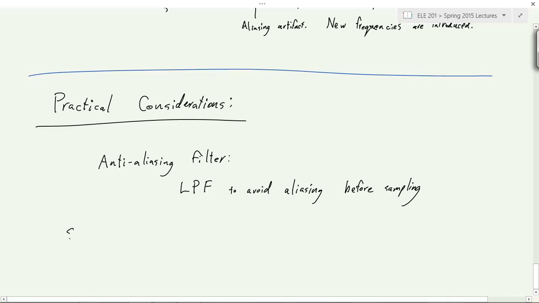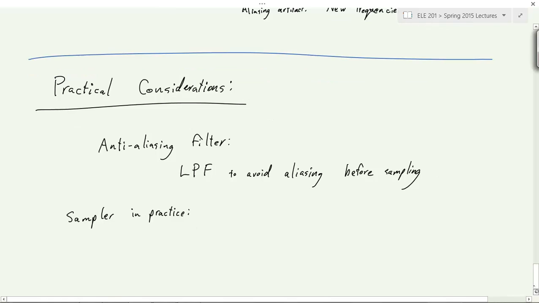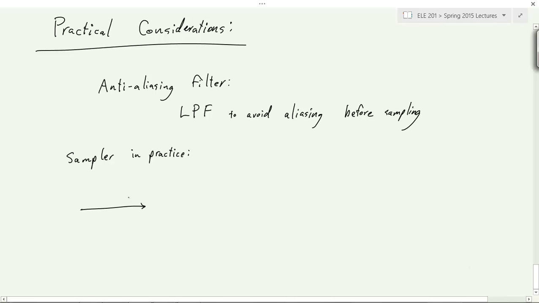All right, so here's how you would actually build a sampler. Your continuous time signal comes in, and in continuous time, before you do any samples, you make sure there's no frequency content above what you're going to be able to capture.